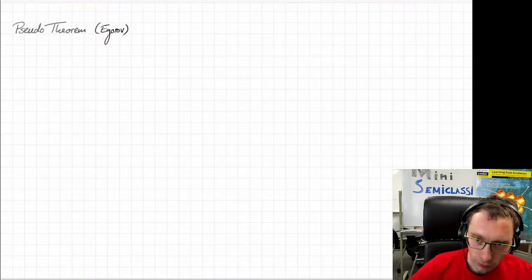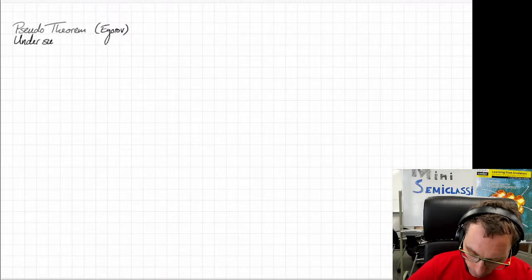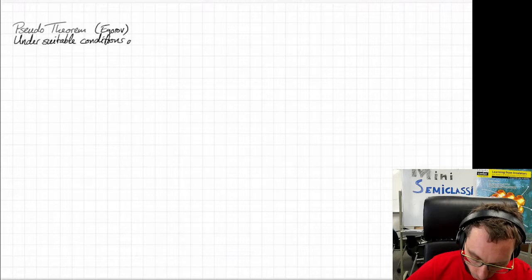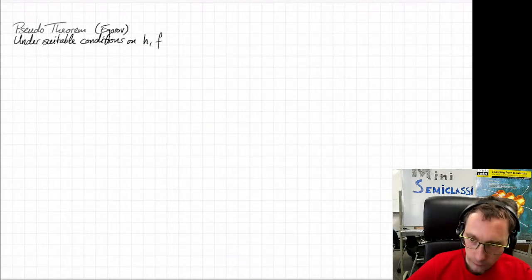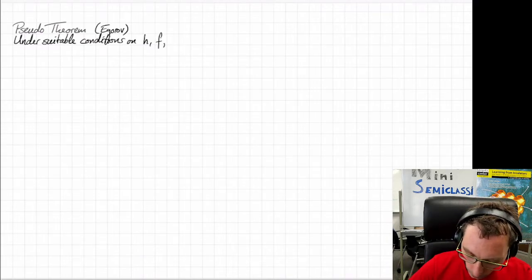And it is a pseudo theorem because I will cheat and say under suitable conditions on small h and small f, the following holds.